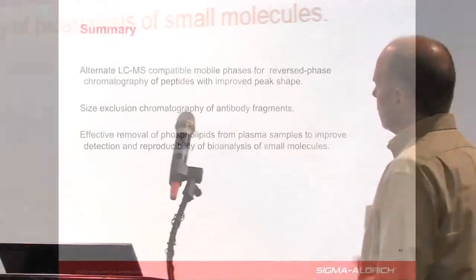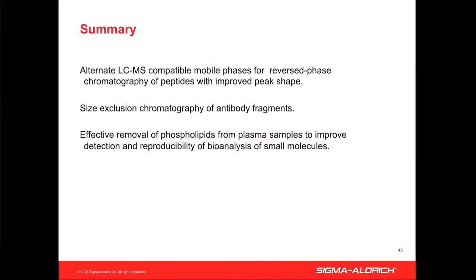So what I've shown you here today is some recent methodologies that have come out of our bioanalytical R&D group at Supelco in the last few years. We looked at an alternate LCMS mobile phase for peptides in cases where peak shape is less than satisfactory. I showed you some size exclusion on a new product line with antibody fragments.